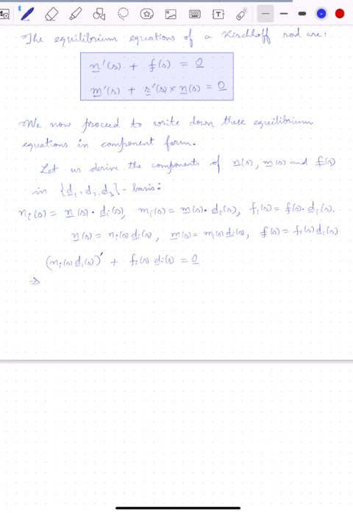And then what we have is Ni prime of S Di of S plus Ni of S Di prime of S plus Fi of S Di of S is equal to 0 vector. And then we use the frame evolution equation.